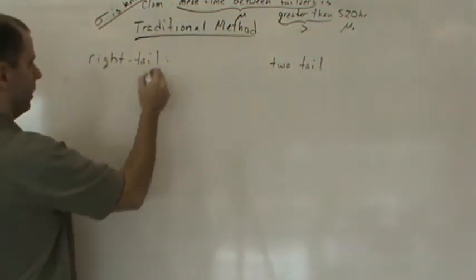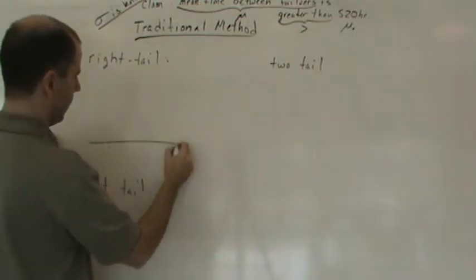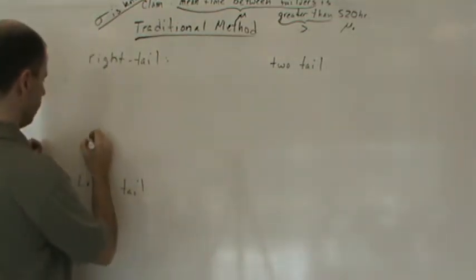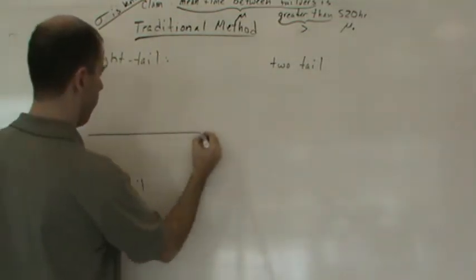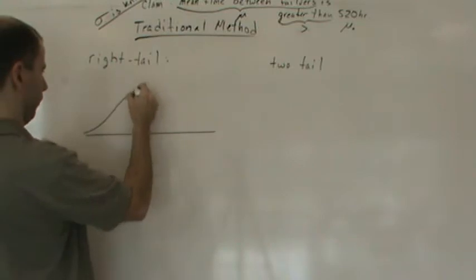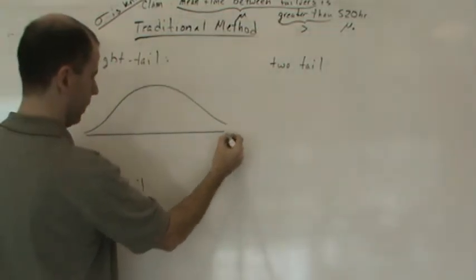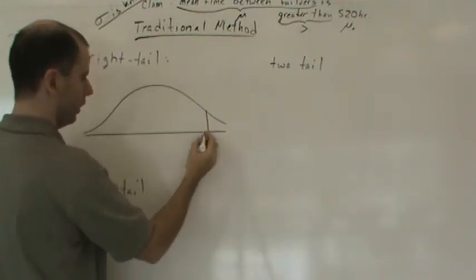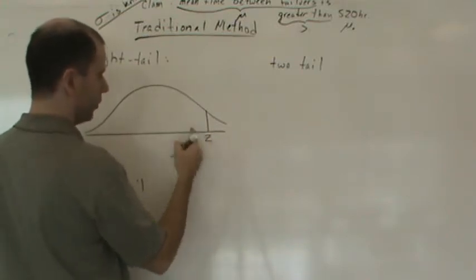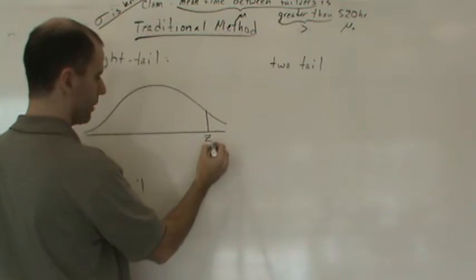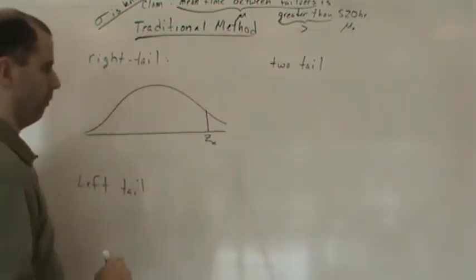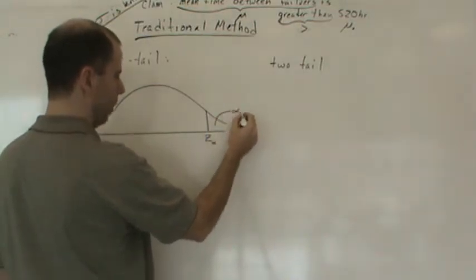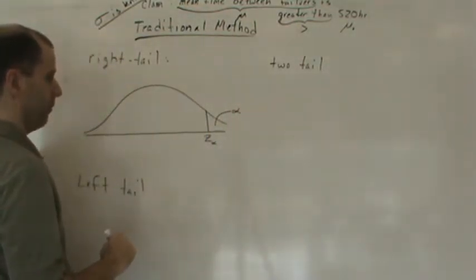So the right tail is exactly what we just did. So with the right tail test, this is what we have. So a right tail test, our rejection region will be marked off by the right tail critical value, which is Z alpha. And remember, alpha represents the area in the right tail now, because it's a right tail test.